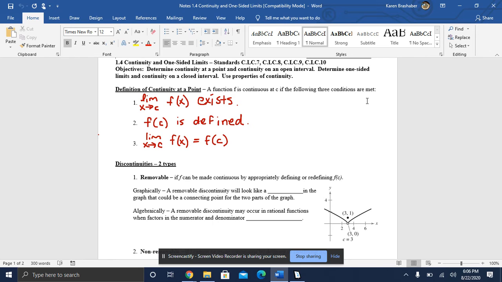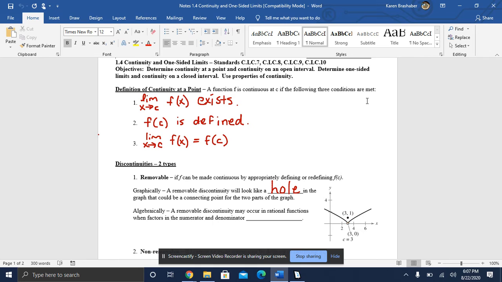Graphically, that would look like a hole in the graph, and I have that illustrated for you to the right. If I were to color in this hole and take out the 0.31, then I could redefine my function at x equals 3, and therefore my function would be continuous.